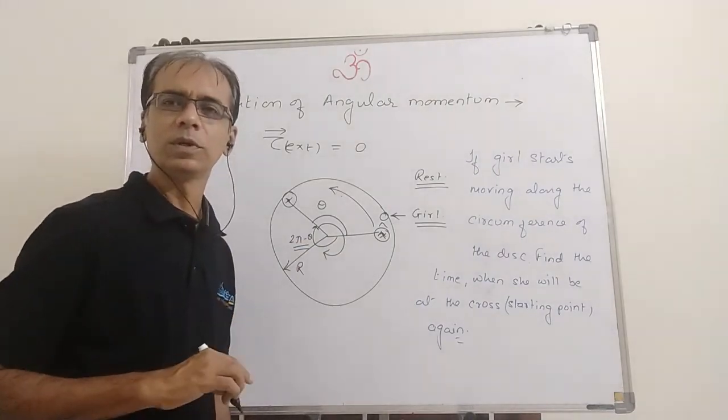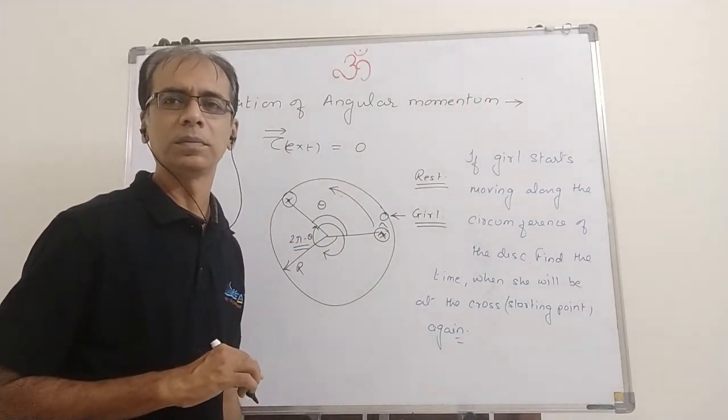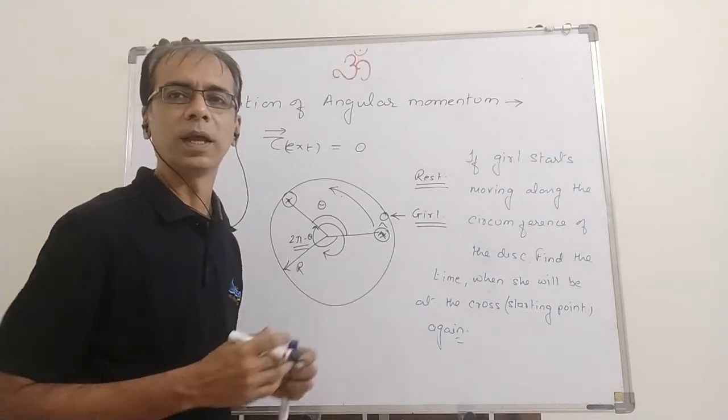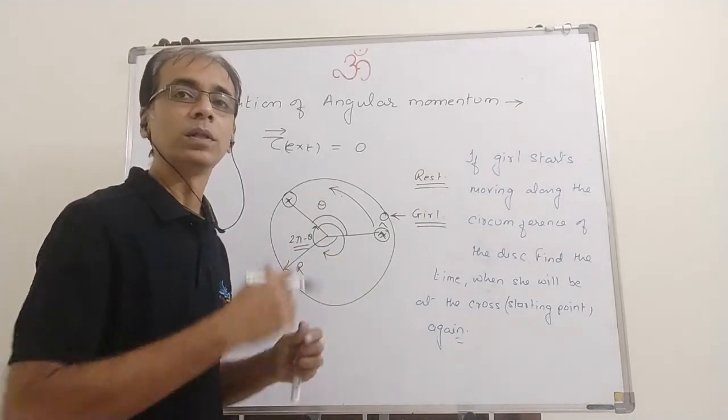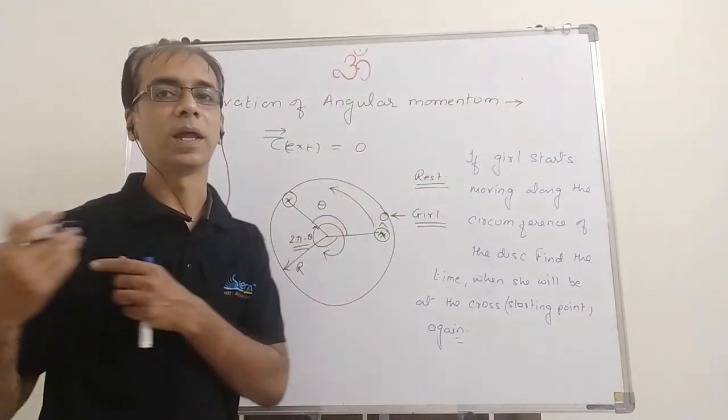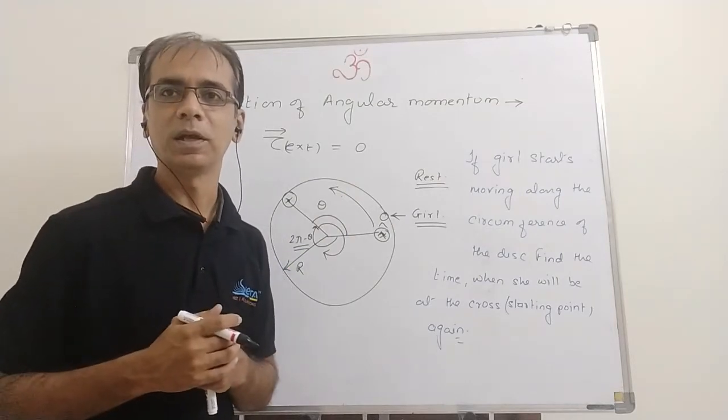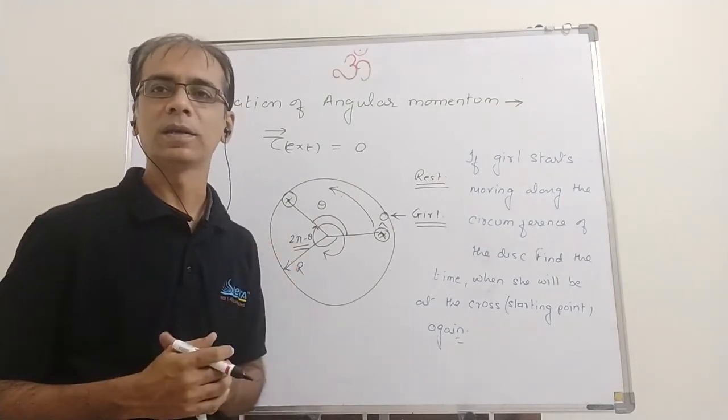Isn't it very similar to the question we did in conservation of momentum? One boy is moving on the plank; when the boy is at the other end, how much has the plank moved in the left direction? Remember that? Exactly a similar question.